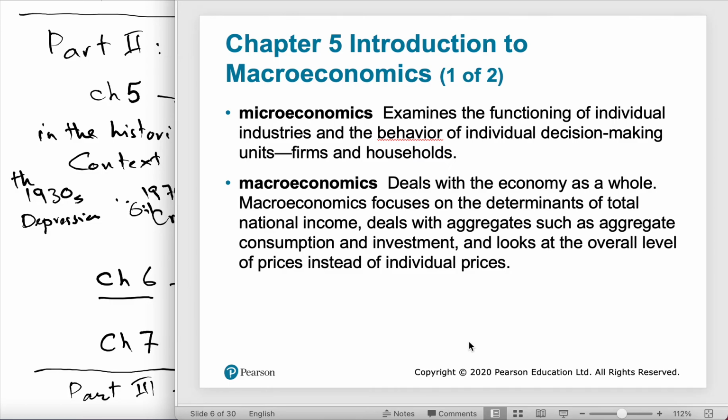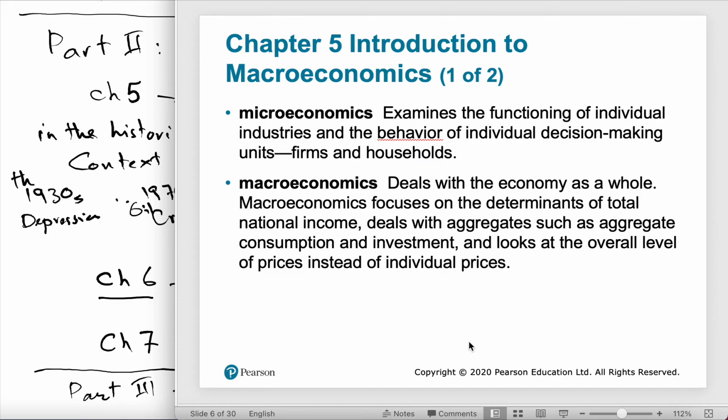In macroeconomics, things are dealt with the economy as a whole, as an aggregate. So it focuses on the determinants of total national income, and deals with aggregates such as aggregate consumption and aggregate investment. We are not talking about the consumption of one family. We are referring to the aggregate consumption of the whole of Oman, let's say, or investment.